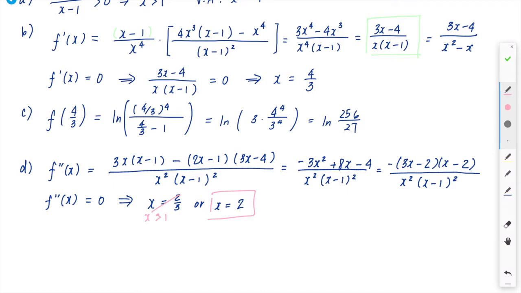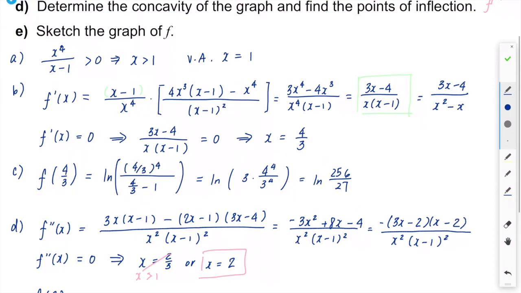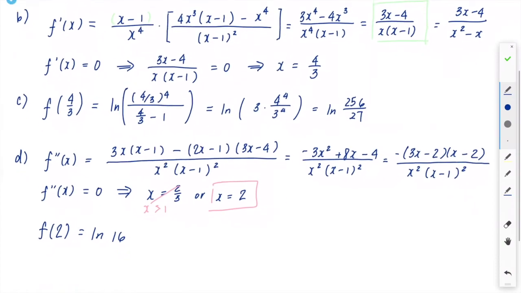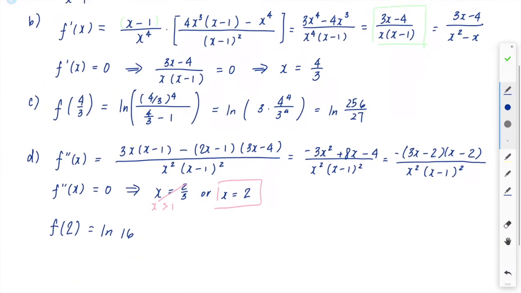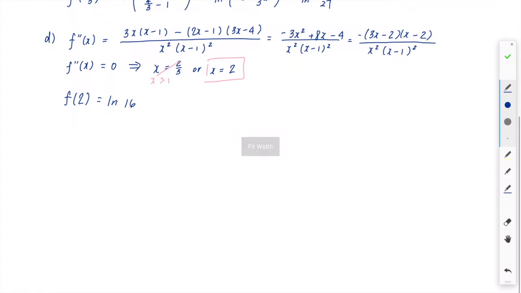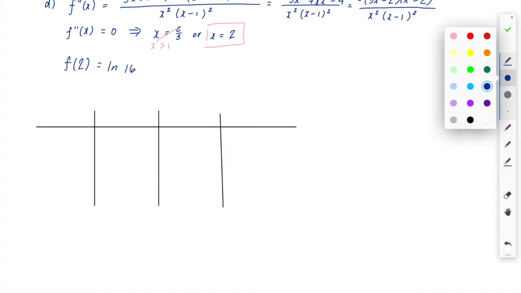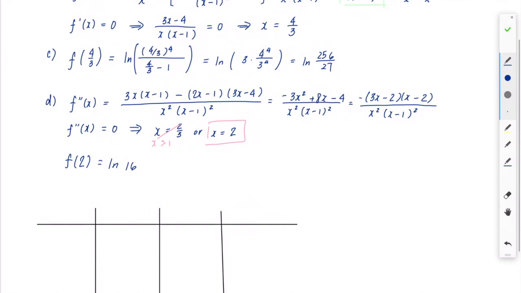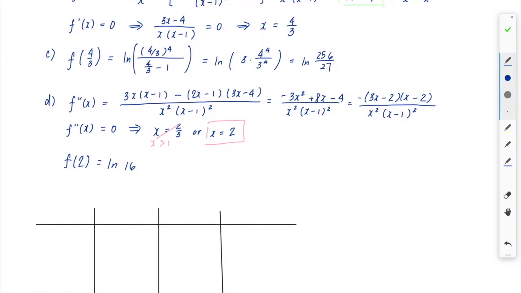Well, let's look for the position. So f of 2 is ln of 16. Because 2 to the power of 4 is 16. 2 minus 1 is 1. Yeah. Very good. Now, let's use a chart to test out these intervals of concavity, increasing, decreasing. All right, so looking back, we have a key point at x equals to 4 over 3.